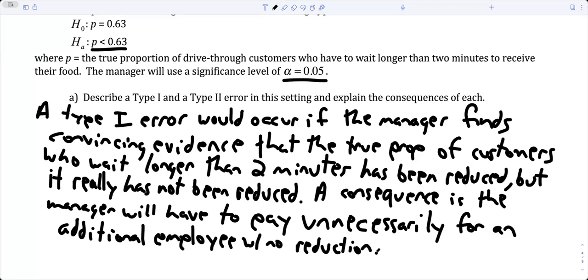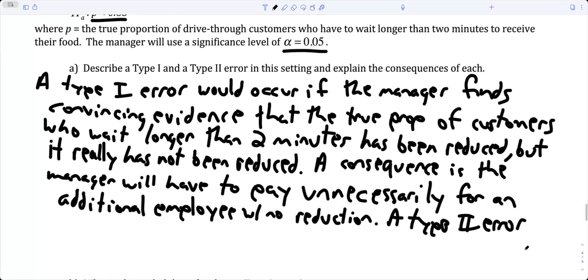So a type 2 error would be, what's the phrase? We believe a lie.